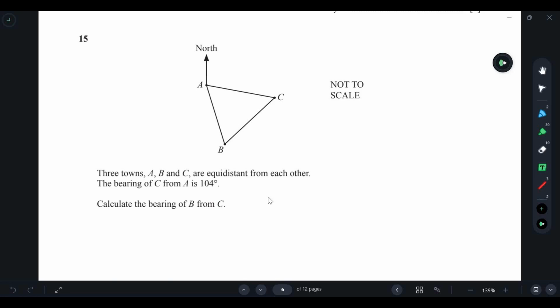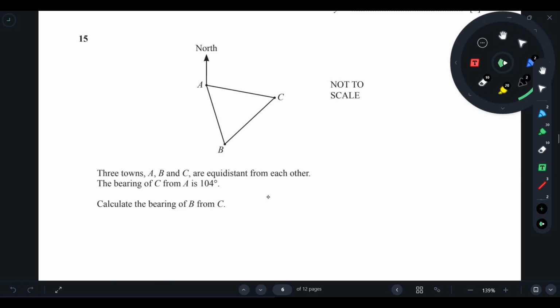In question number 15, three towns A, B, C are equidistant from each other. So it means that this line and this line are the same. The bearing of C from A is 104. C from A means that this angle will be 104 degrees.